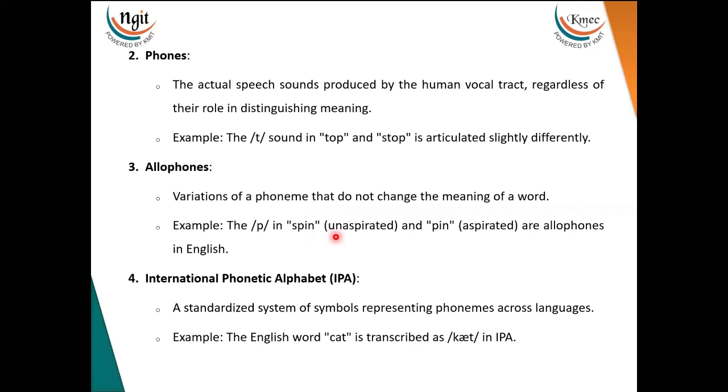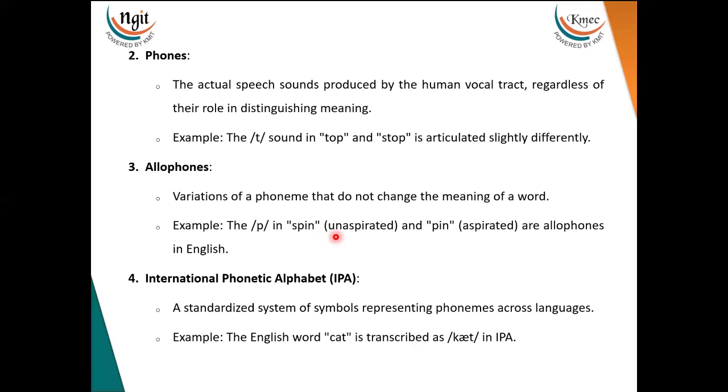When you say top, that is an aspirated T, and when you say stop, that is an unaspirated T. Just try to say top and stop.